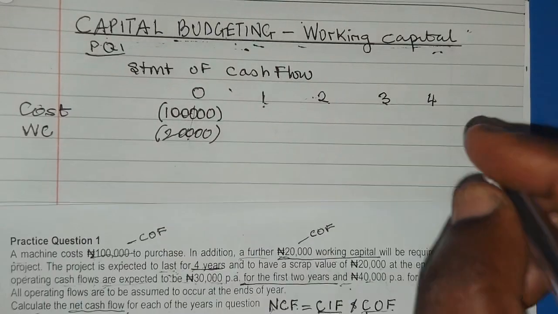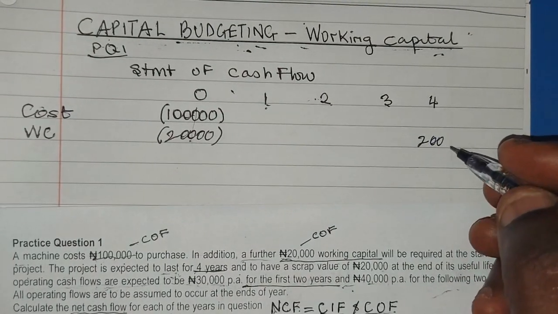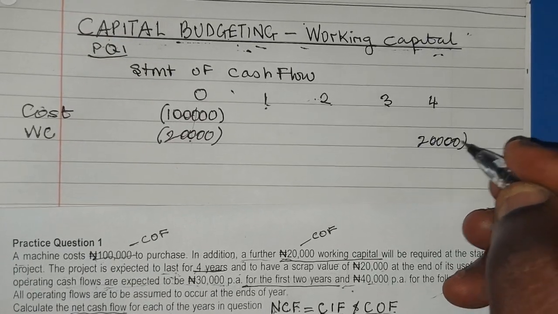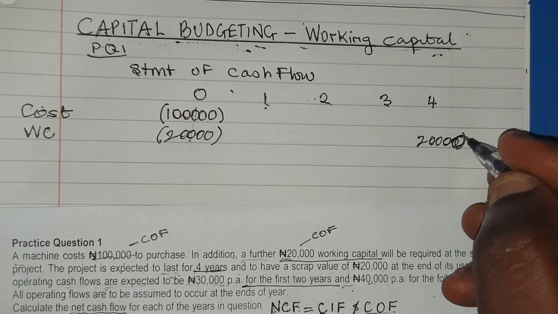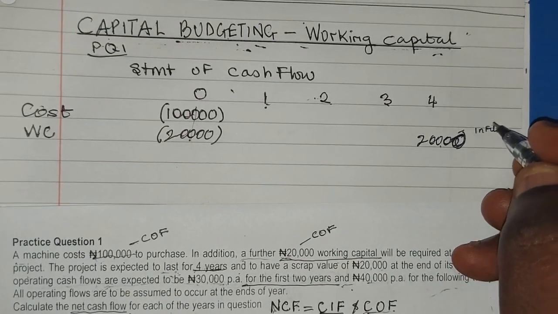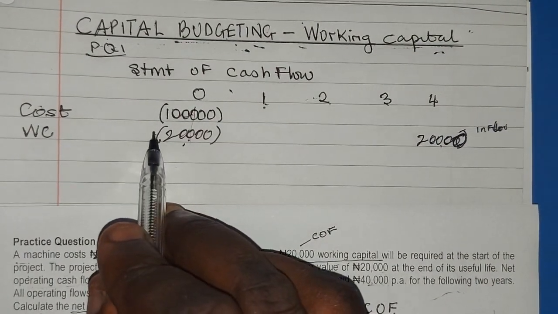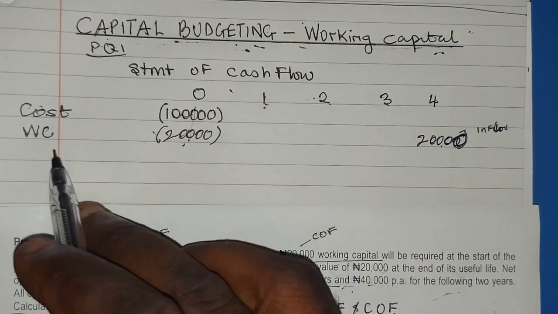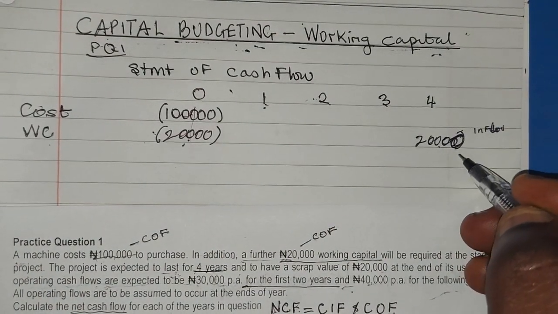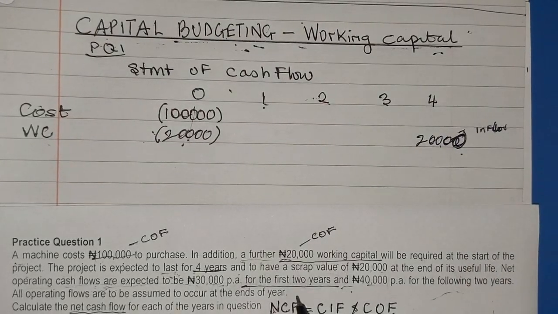Then, unless you are told otherwise, it will be recovered when the project ends, so it will come as an inflow. It will be invested, that is outflow. Then the rule is that when you have working capital, it will be recovered at the end of the project. Don't forget that.